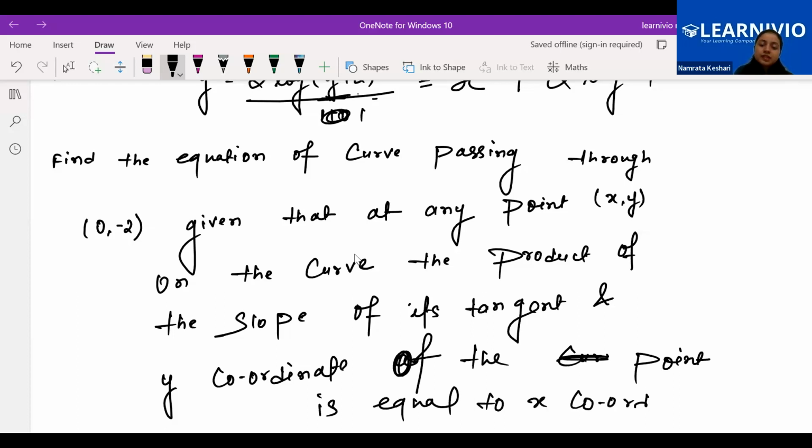Read it carefully and tell me what can be done here, what exactly the statement says. We have to find the equation of the curve passing through 0, minus 2. That is for the particular solution.